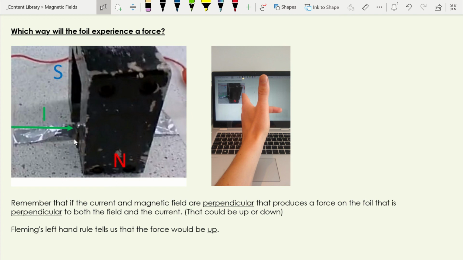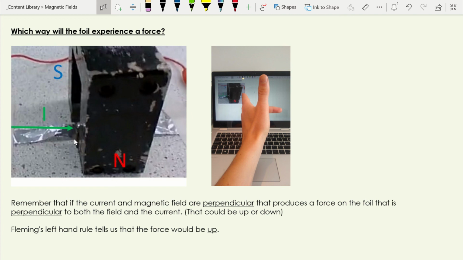And the force can't be into the page or out of the page, because that would be parallel to the magnetic field. So that's always a useful check to make sure you've done it correctly. So essentially what that means is the force has to be either up or down, because those are the only directions which are perpendicular to both the current and the field. So we use Fleming's left-hand rule to decide which of those two it is.